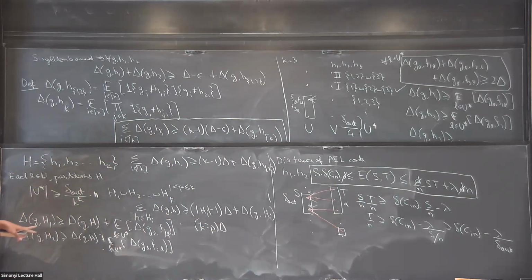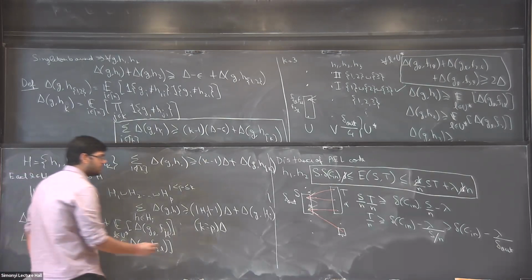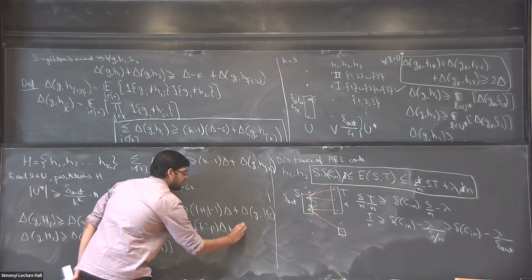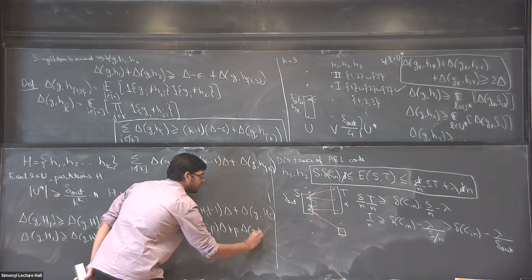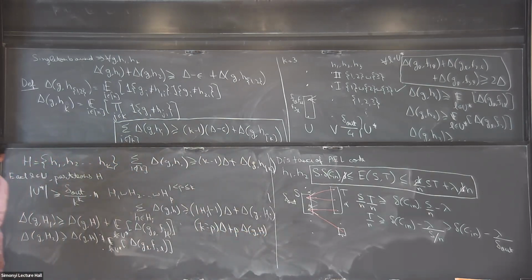For the second term, we are going to use this. The first delta GH term is going to be common for everything. That gives P delta GH. For the second term, we can only bound it as a sum. So that's why we need to sum first.